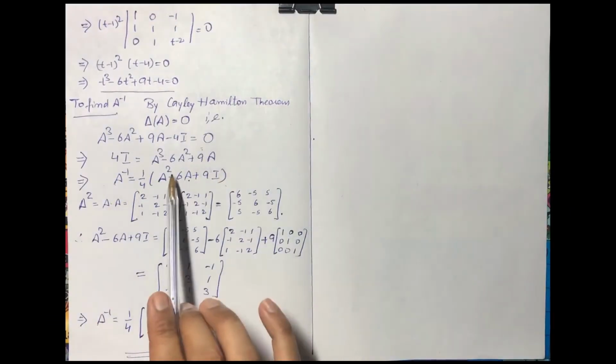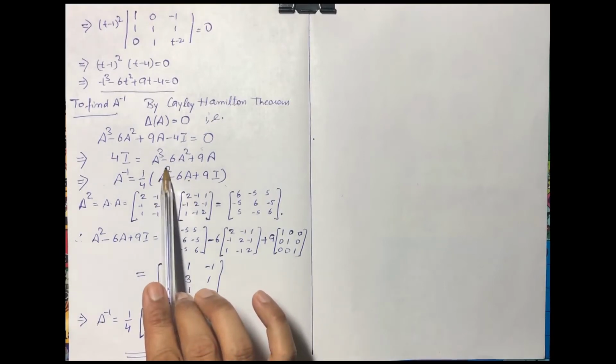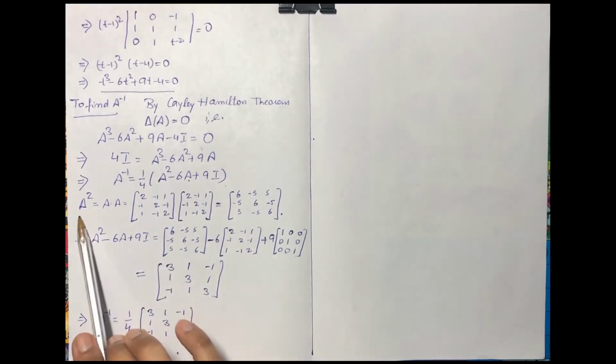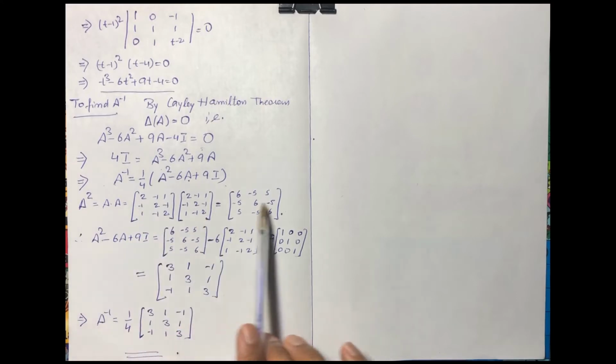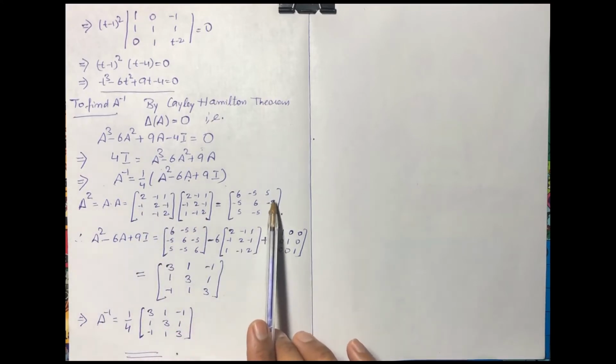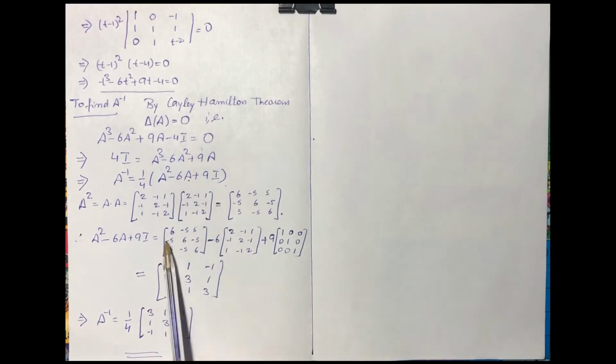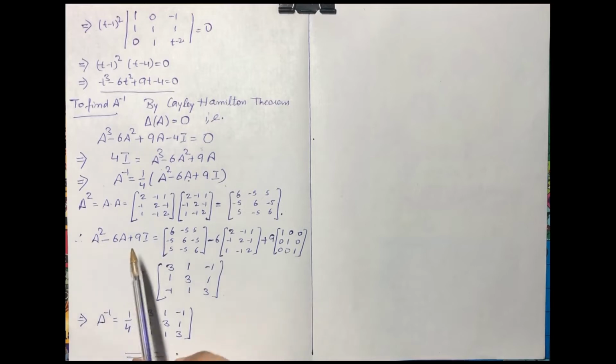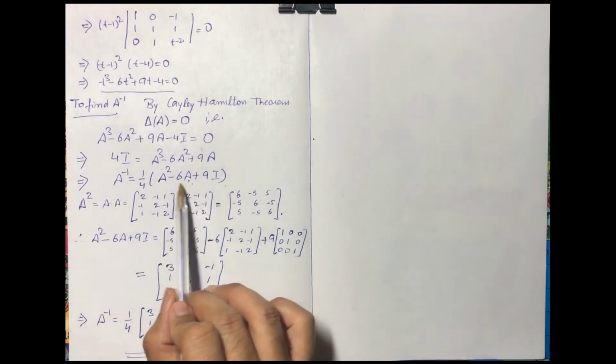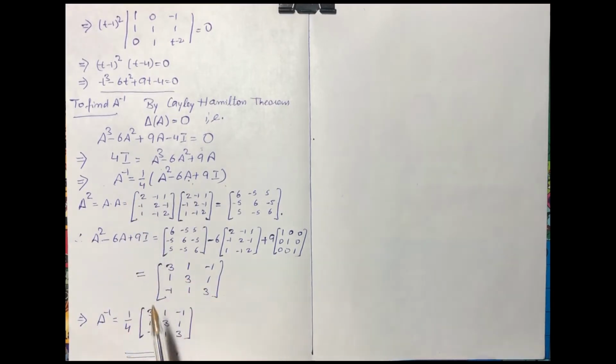Now to find A inverse we find the square of the matrix, that is A square. A into A is this. Putting these values of A square, A and I and solving, we get the value of this expression, and putting it back here we have A inverse as 1 by 4 times this matrix.